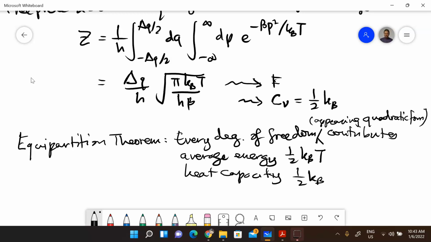And this idea of the degree of freedom, the quadratic form, contributes, and that works in general. So read the rest of the section of the book to see how this works. So there you can start seeing why you have your 5/2 previously.